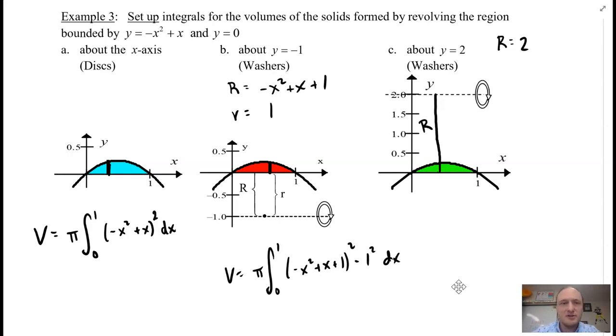Now we have to calculate our small radius. Little r is the distance from our axis of revolution to the closest point of our function. So this is going to be the distance of 2 minus whatever our function is here, so 2 minus negative x squared plus x. If I clean this up, we have 2 plus x squared minus x as our little r.